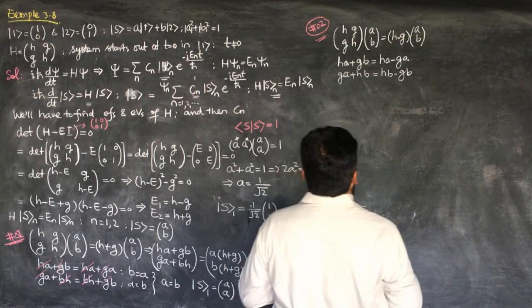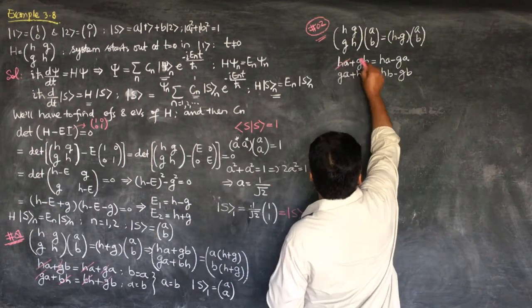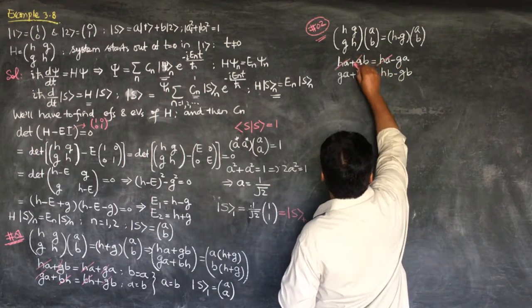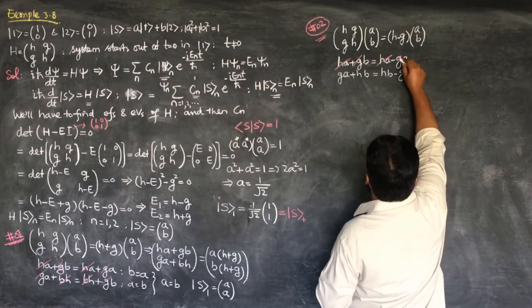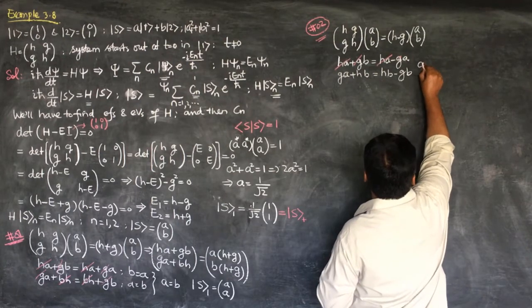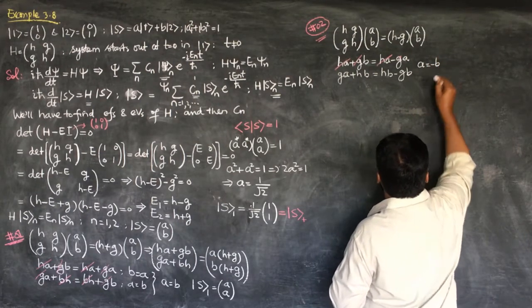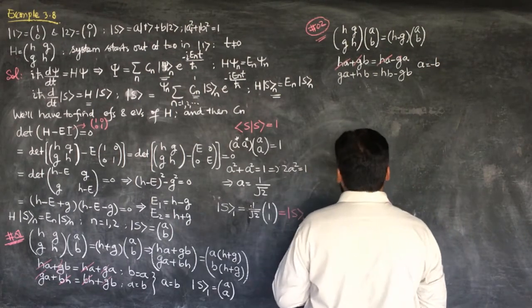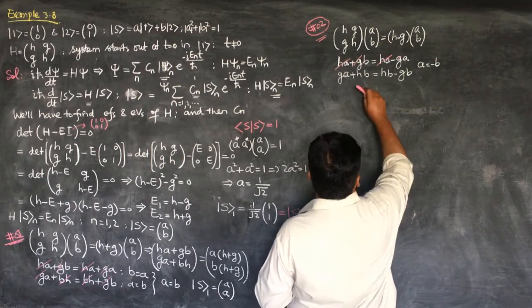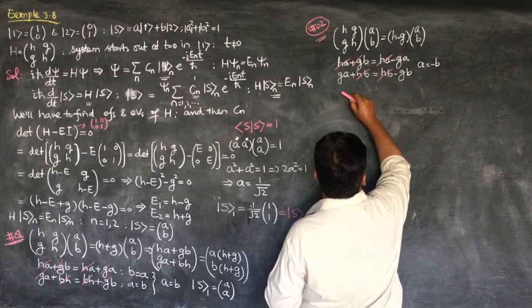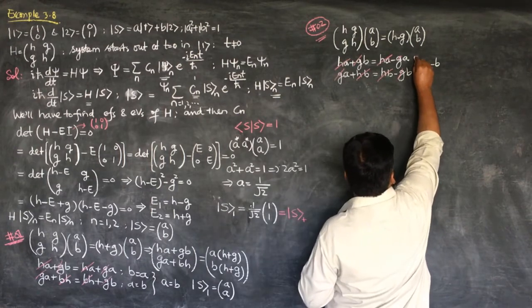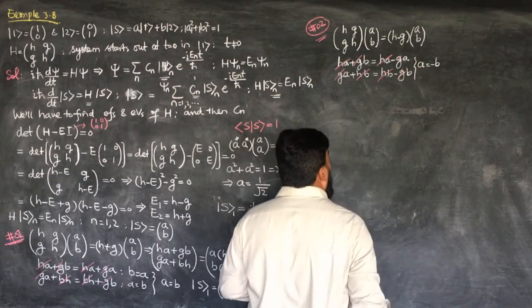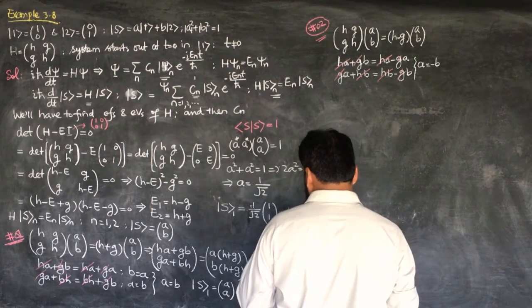Now there are some cancellations, so we are having HA cancel with this, G cancels with this, and we got that A is equal to minus B. And from here again the same, that HB cancel, GG cancel, and we got the same, A equals minus B.